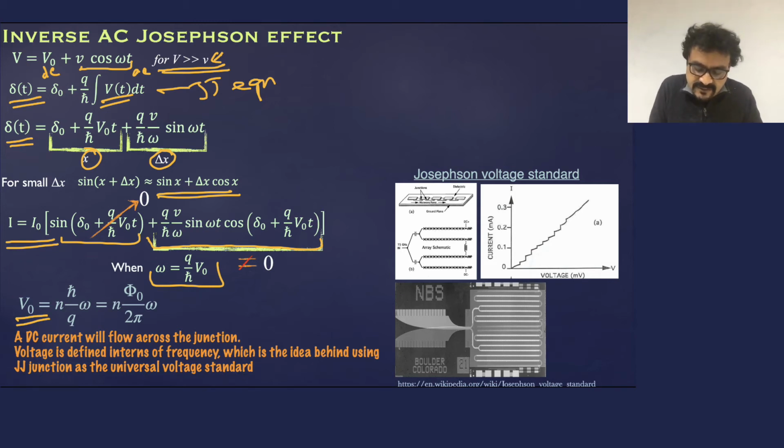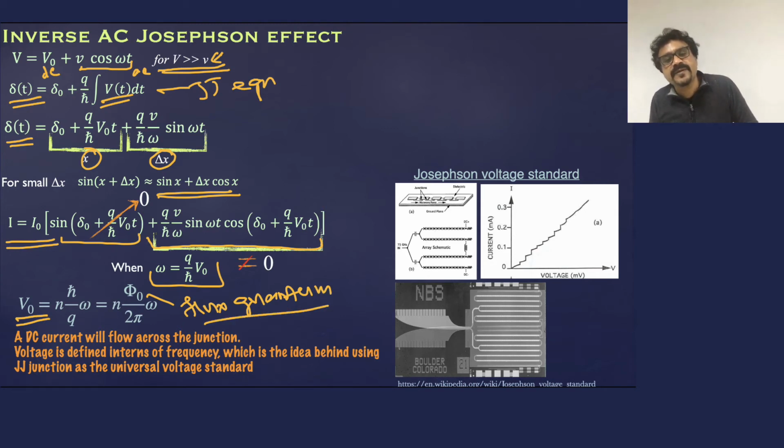This is nothing but N phi 0 by 2 pi, where phi 0 is the flux quantum. So there will be DC current flowing through the junction whenever this situation is satisfied.